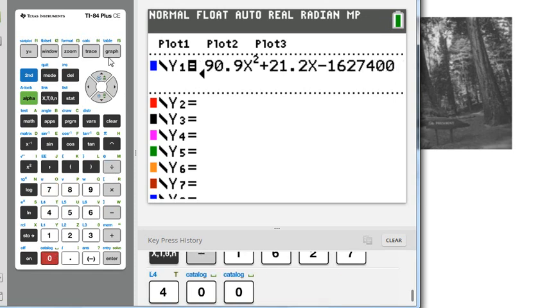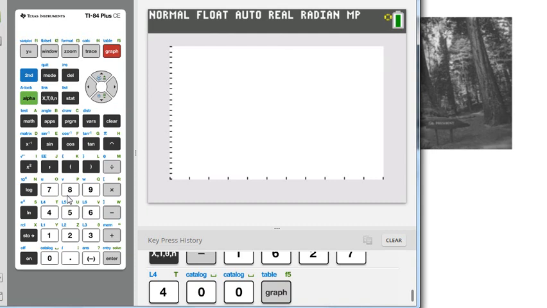And then we graph, and this is what it looks like. I hope it shows up there. I don't see it showing up.